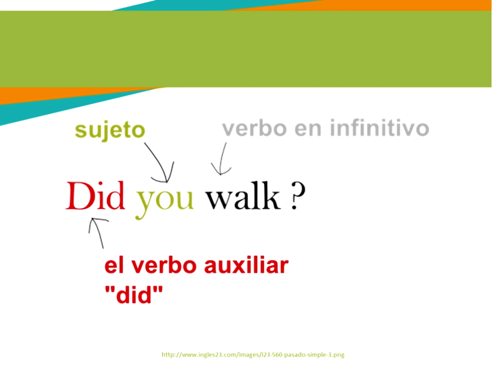How do I make questions? First, you need to use an auxiliary. The auxiliary is did. That is the auxiliary you use in the past tense. Then the subject, and then the verb in infinitive. In other words, you don't use the verb in past because you have an auxiliary. All the time that you have did as an auxiliary, the verb is in present. Don't forget that.